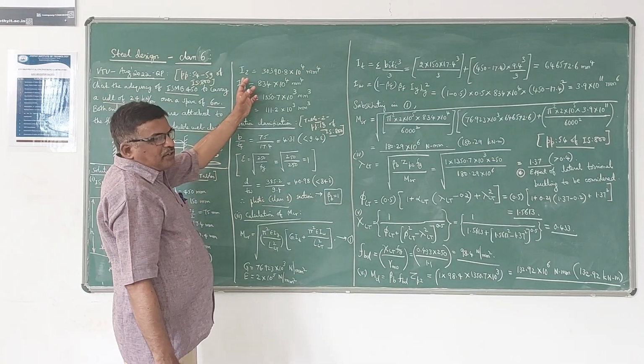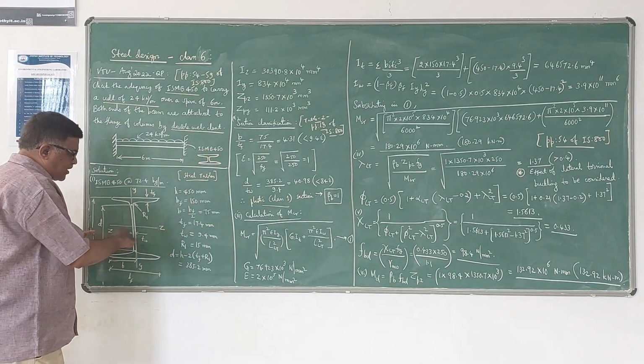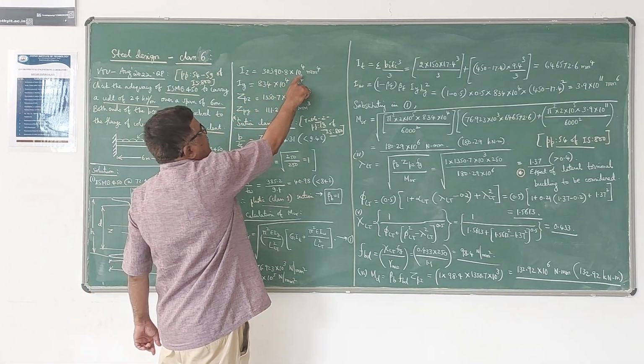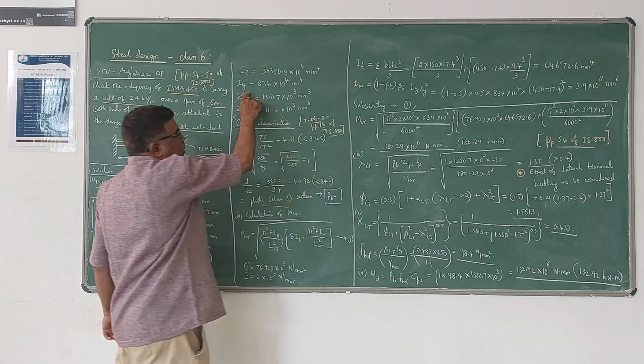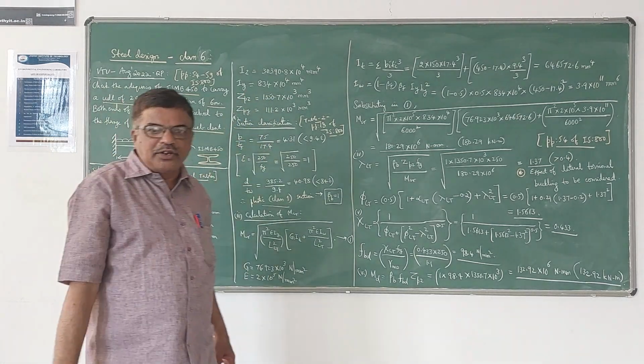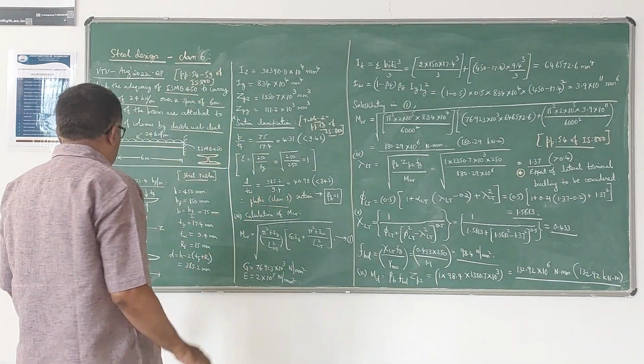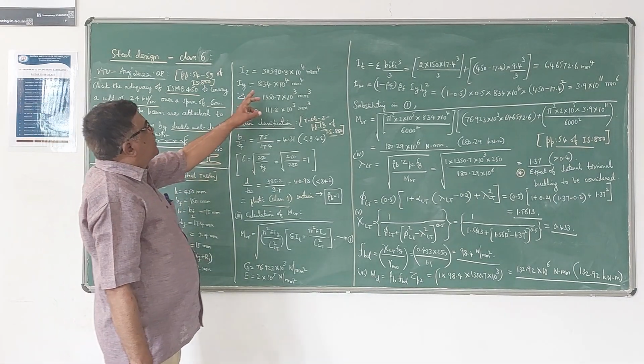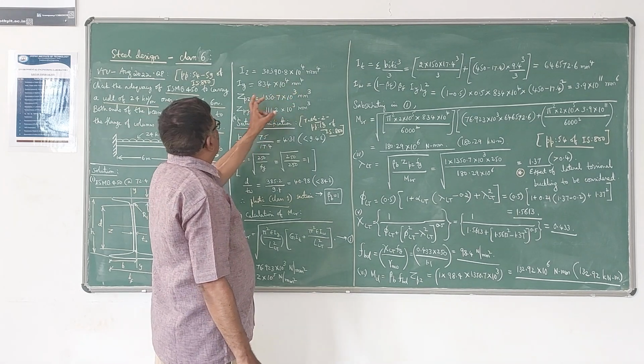Now these are the moment of inertia about the z axis, that is the horizontal axis, Izz, 30390.8 into 10 power 4 millimeter power 4. So all the values should be in millimeters and newtons. We keep that in mind. Iyy, about the y axis, 824 into 10 power 4 millimeter power 4.